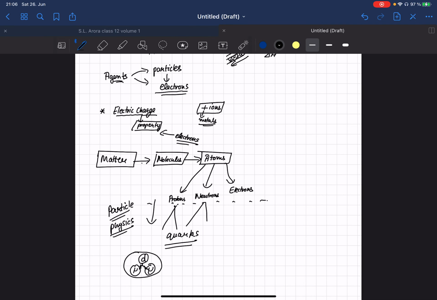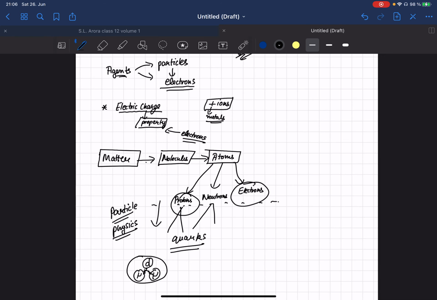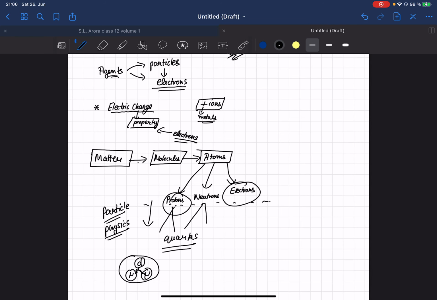Basically, what I'm trying to tell you is that these electrons and protons show these properties of charge. That's called a property. Electric charge is an intrinsic property of elementary particles of matter which gives rise to electric force between various objects.